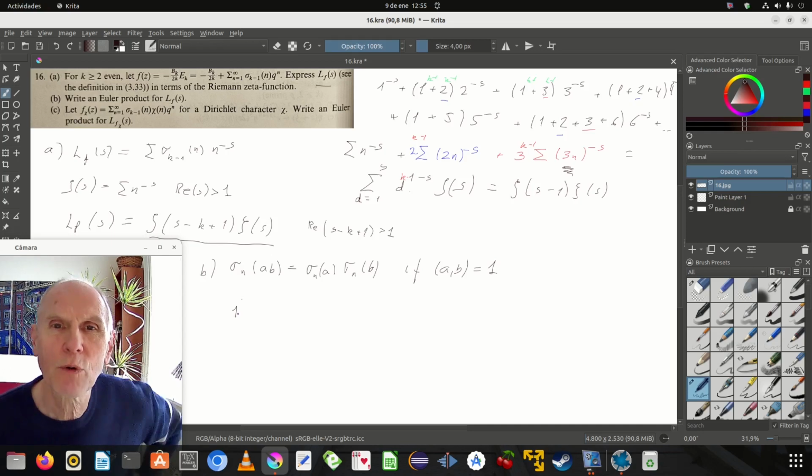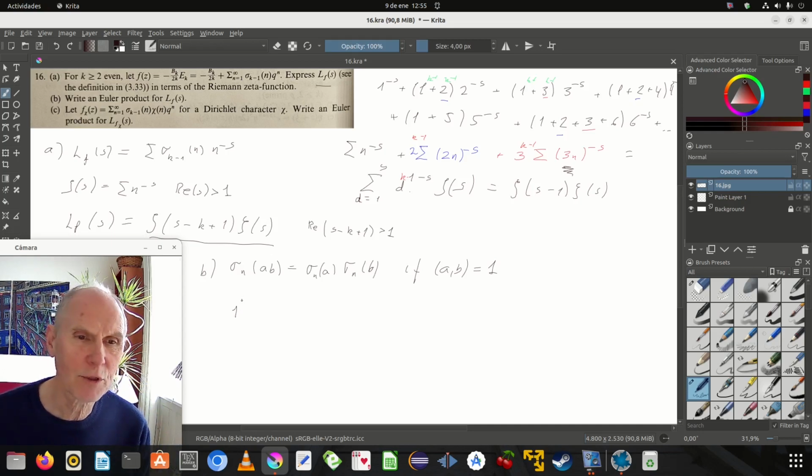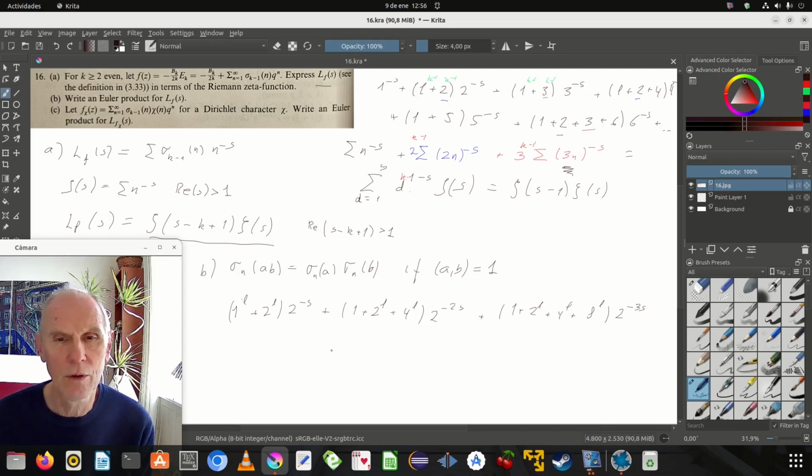So k minus 1, we don't want to write it every time, so we write L. And that needed to come from 1 minus something 2 to minus s.